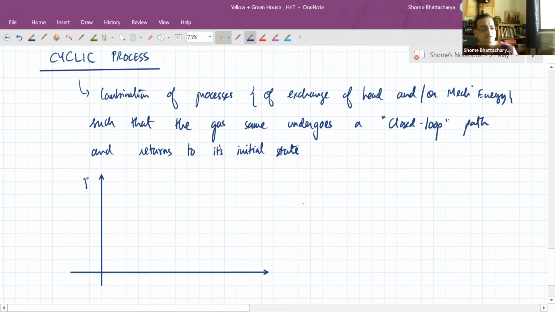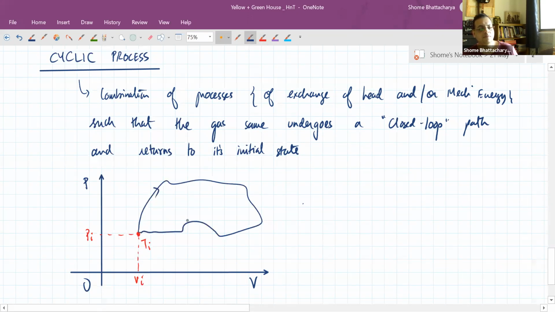So the PV graph representing the process, if it's starting from this initial point here, so it has some initial pressure, some initial volume and initial temperature. It should undergo a combination of processes such that whatever the shape of the path, it should come back eventually to the final state.